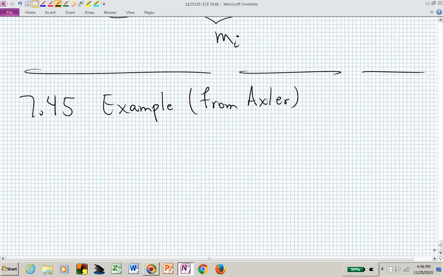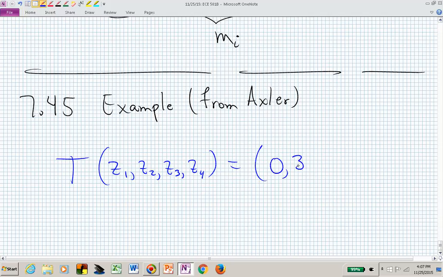That starts with a linear operator T, and it's operating on a 4-vector, z subscripted with 1, 2, 3, and 4, and let's say that that linear map maps to (0, 3z sub 1, 2z sub 2, and minus 3z sub 4).